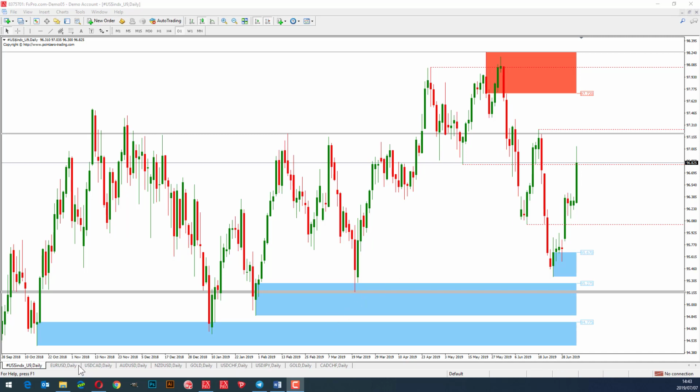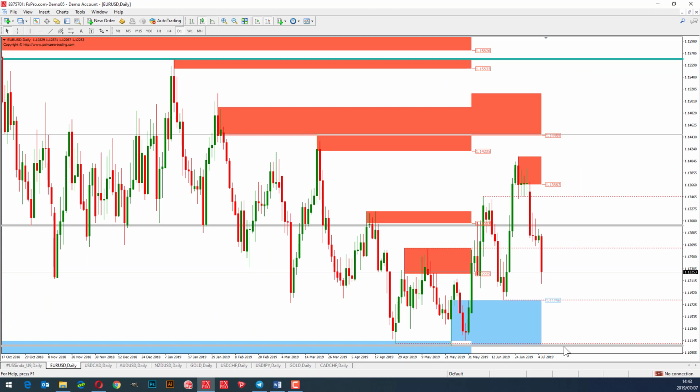Now let's take a look at EURUSD. EURUSD broke below the 1.13 zone. It broke this area last week.